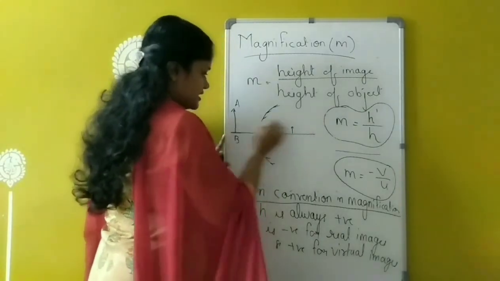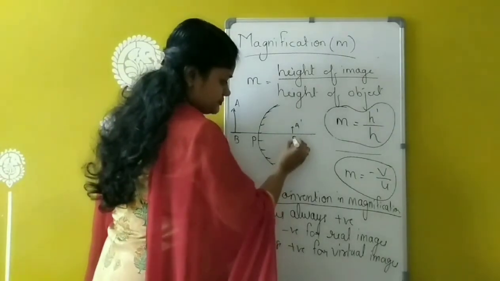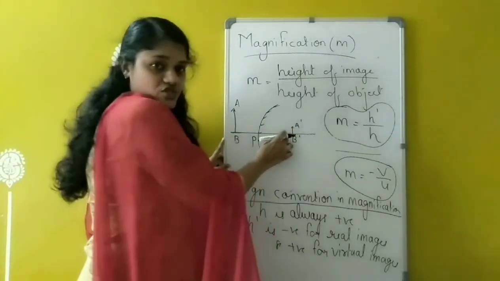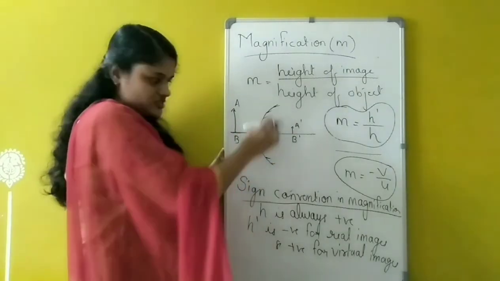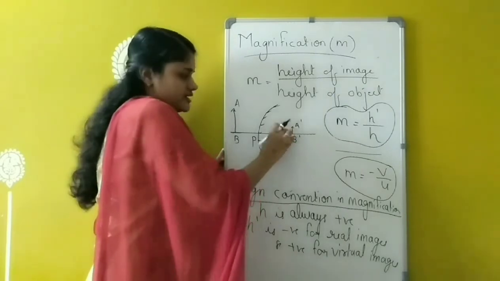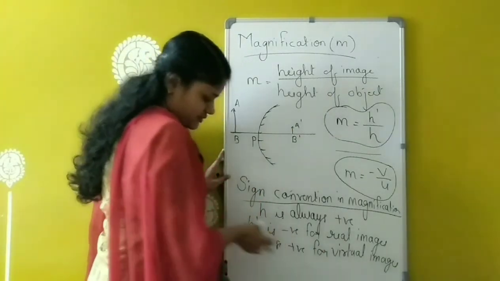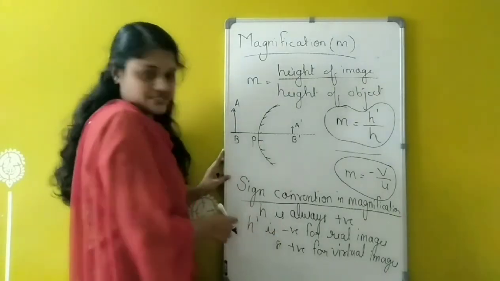Always we get the image above the principal axis only, so this is A dash B dash. What about the height of the image here? It is above the principal axis, so it is taken as positive. If it is a virtual, erect image, h dash is positive. So for virtual images, h dash is positive, and for real images, h dash is negative.